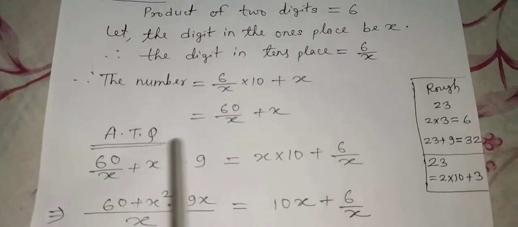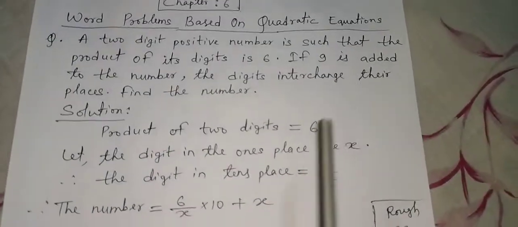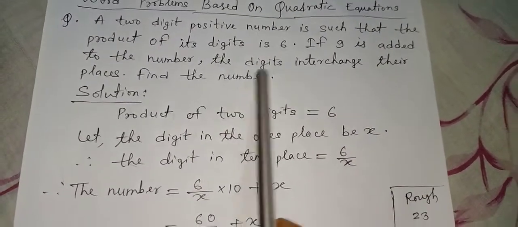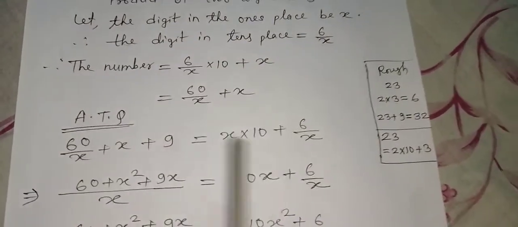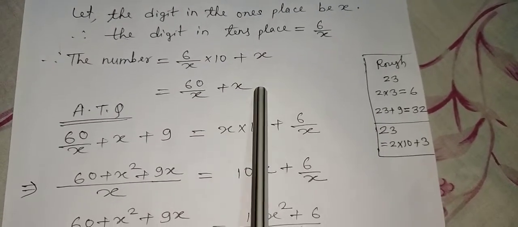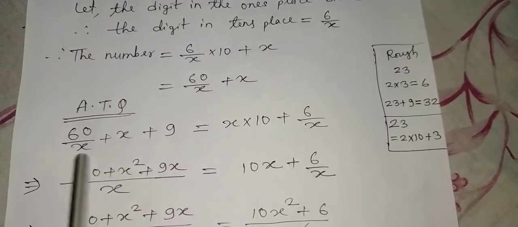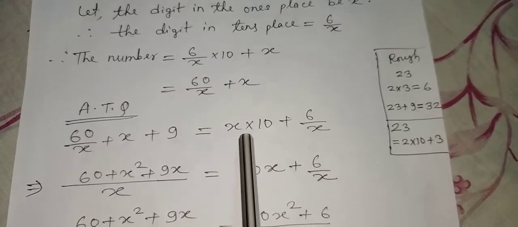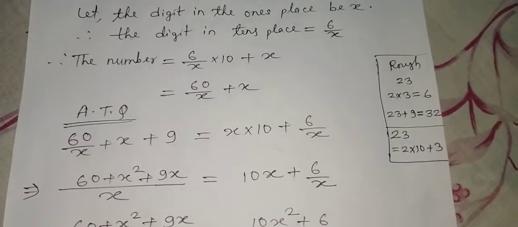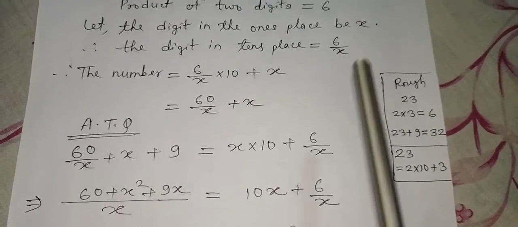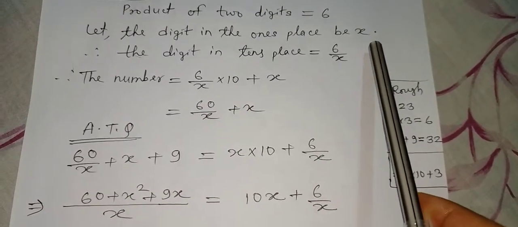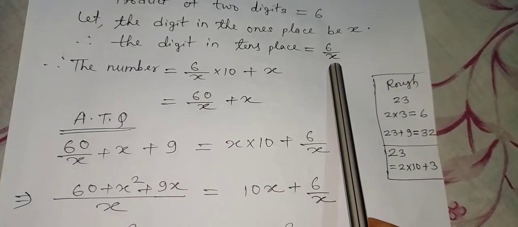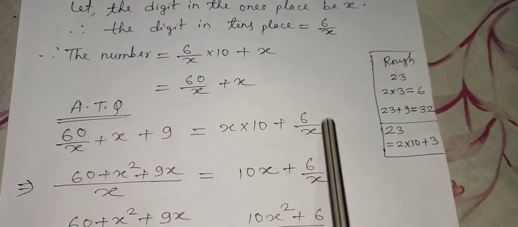Now according to the question, ATQ, it is said that you add 9 to the number. When you add 9, the digits interchange. So the number is 60 by x plus x, and you add 9 to it. The result is that the digits get interchanged, meaning ones will become tens and tens will become ones. Like 6 by x is the tens digit, but here it has become ones.